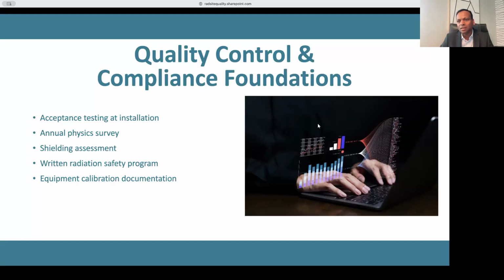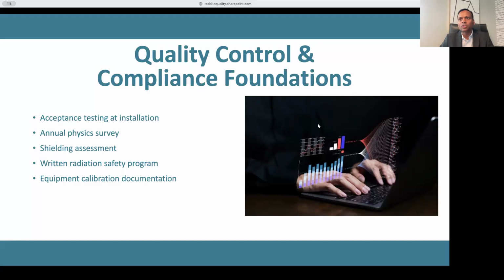Either way, it's required. And unlike that, the routine QC, most of the regulating bodies ask for and require sites to do it. So no matter what, it is an important aspect of maintaining, one, image quality, and second, the radiation safety standards. And then, of course, comes the shielding, right?